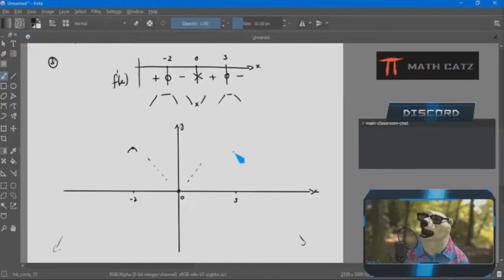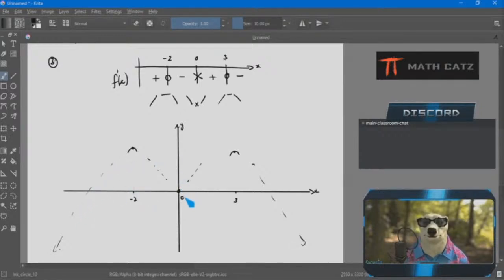A turning point at 3. They don't tell me the y values, so I have the freedom to just position it in a comfortable place. But it has to be above the x-axis. There's no other way, because I'm going up from 0 to it and then down to -infinity eventually.